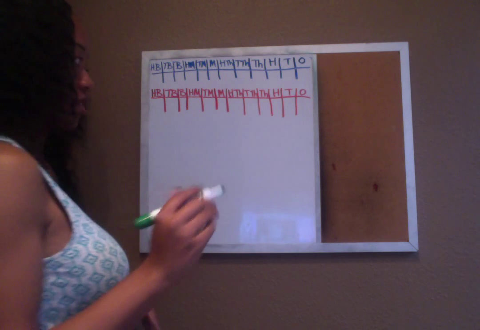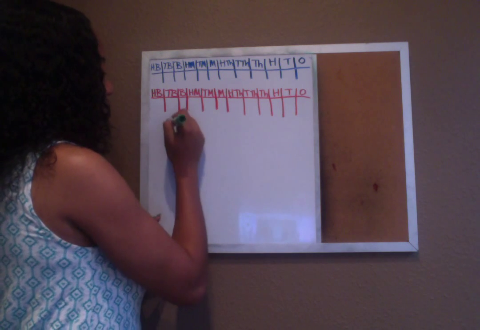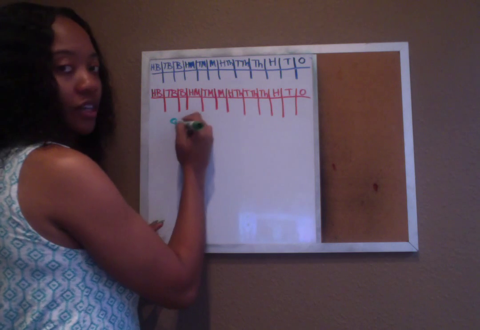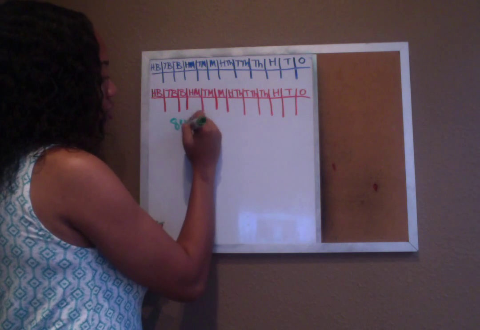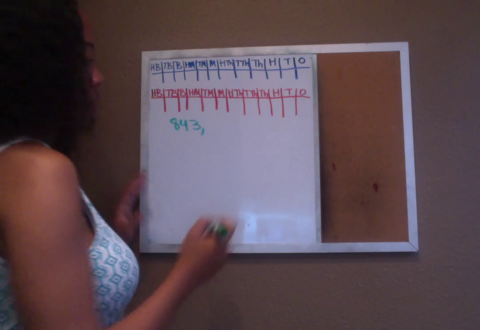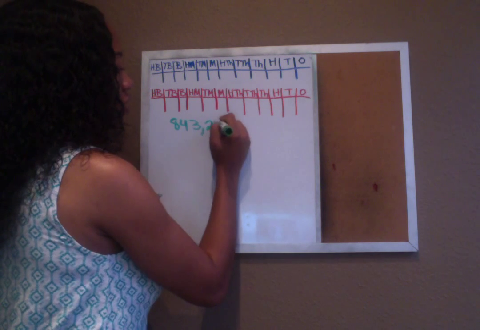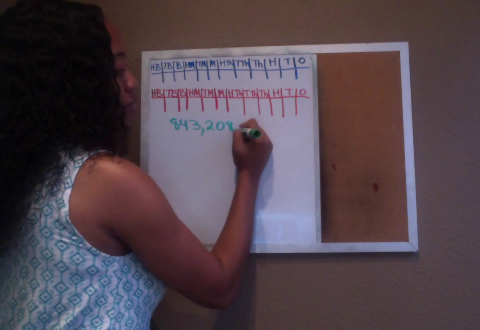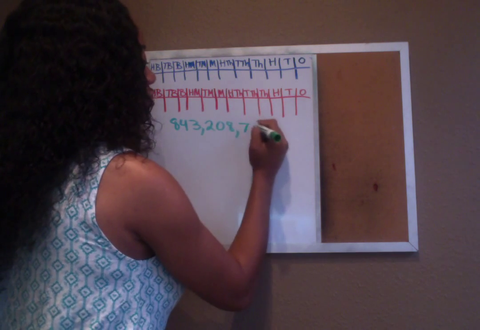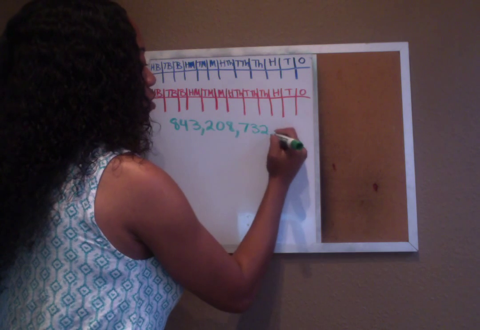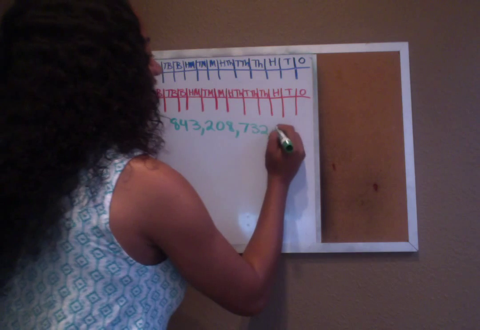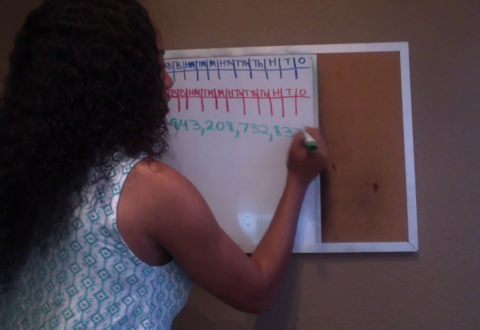Your first number. 843 billion, 208 million, 732,833.